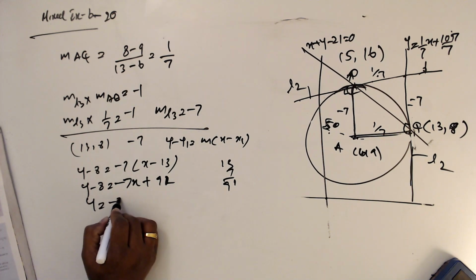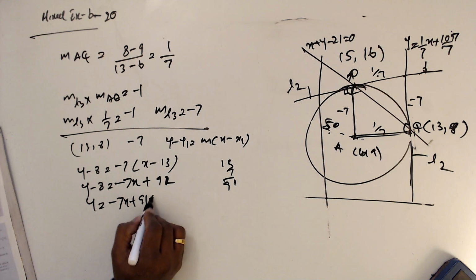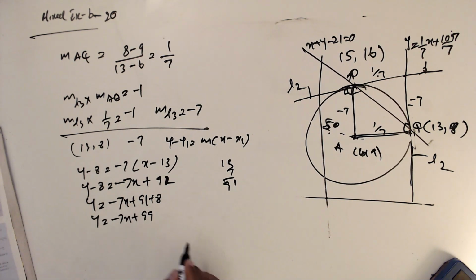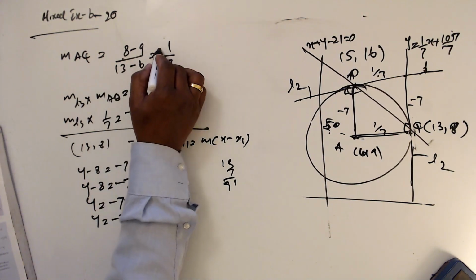So y equals 7x minus 91 plus 8, y equals 7x minus 83.